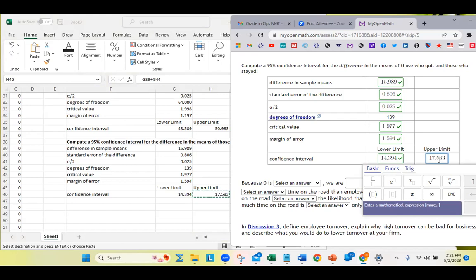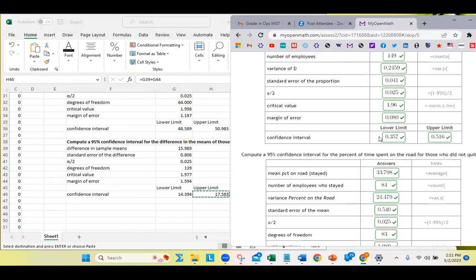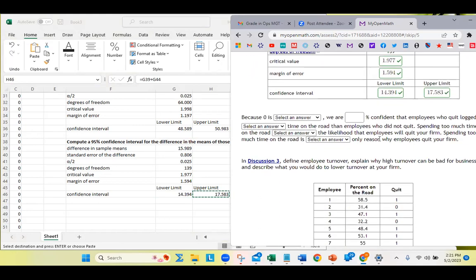The best case scenario, that difference is only 14.4%, right? Both are positive, so we conclude that the people who are quitting are not very happy about spending all that time on the road because they spend a lot more time on the road than the people who are not quitting. And turnover is really bad for productivity. A firm that has lots of turnover is probably going to have productivity issues.